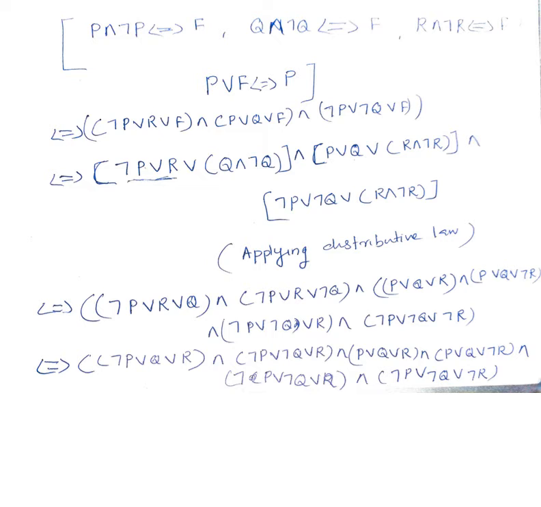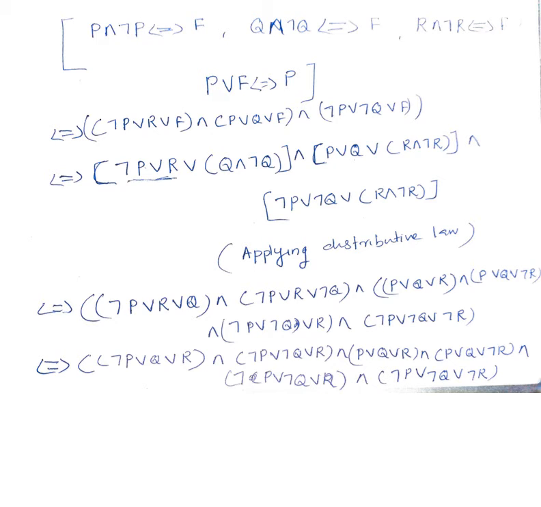Taking negation P or R as a single statement, we apply the distributive law: (negation P or R or Q) and (negation P or R or negation Q). Next we apply the distributive law again: (P or Q or R) and (P or Q or negation R).